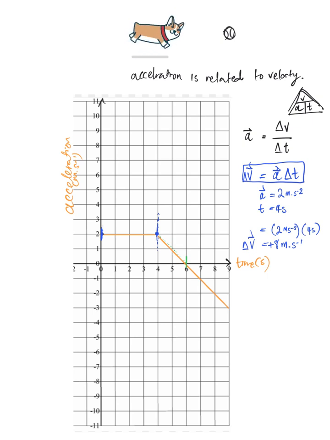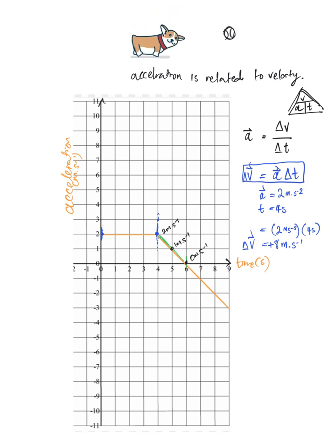But now the problem comes in. I want to figure out what happens to the velocity at 6 seconds. If I look at it, over here it's 2 meters per second squared, over there it's 1, and over here it's 0.